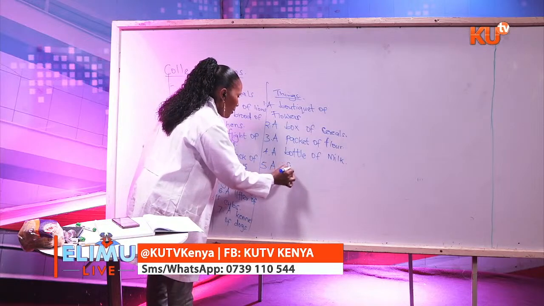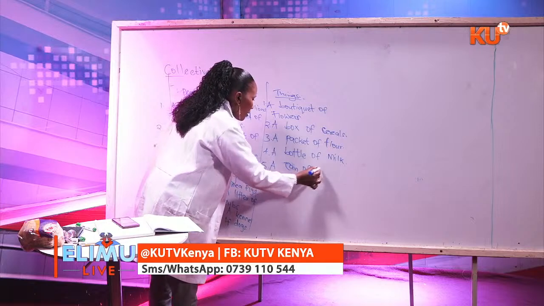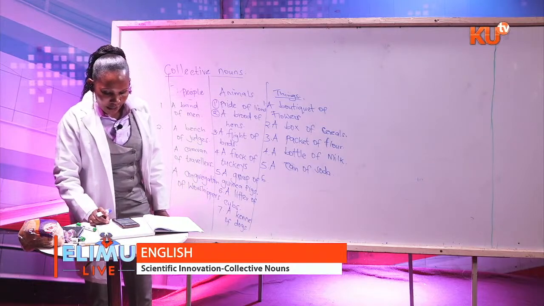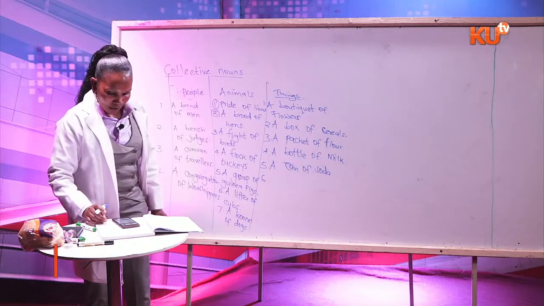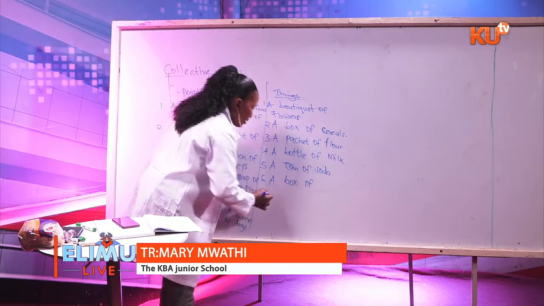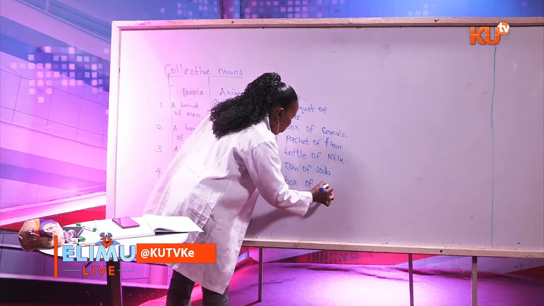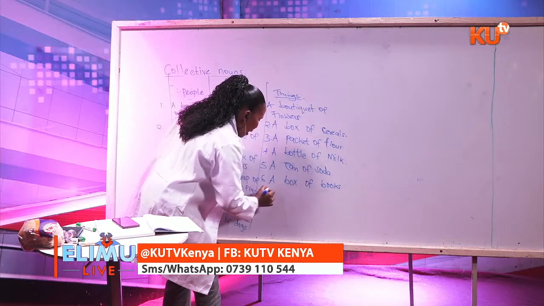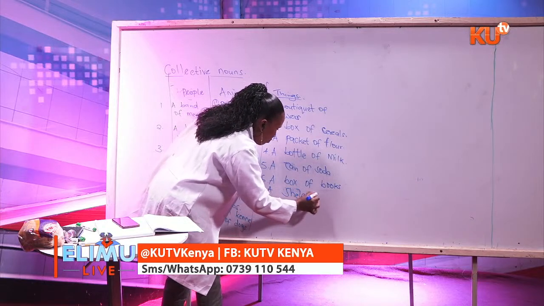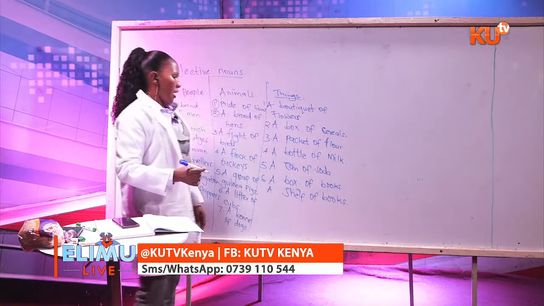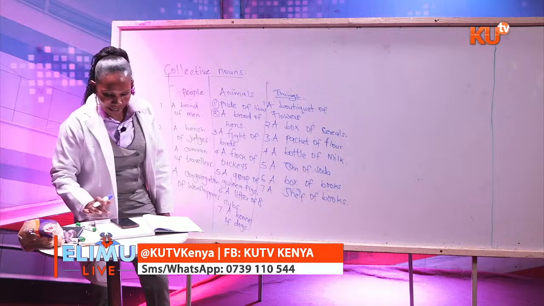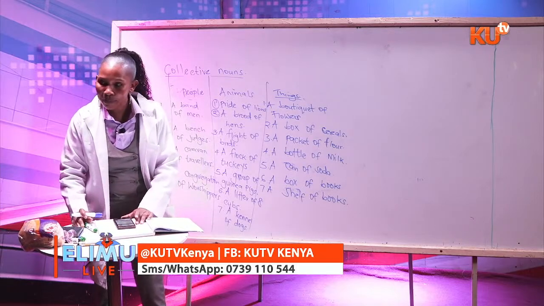Number six, we have a box of books, and you can also say a shelf of books. Number eight, we have a cup of tea.